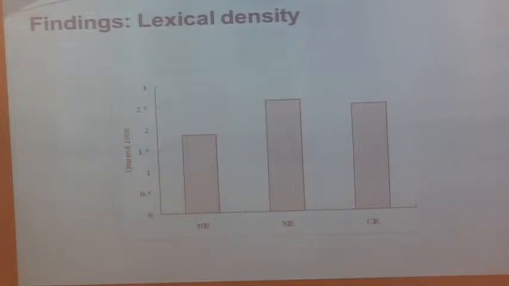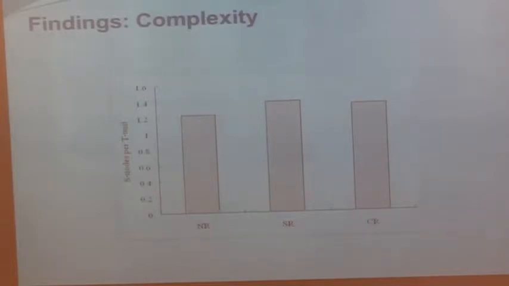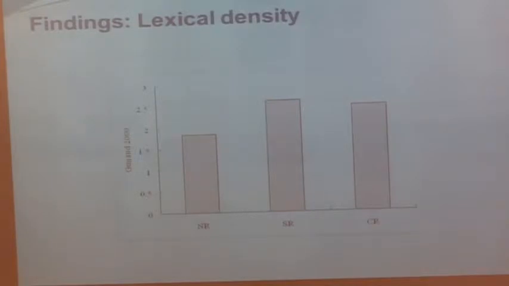Lexical density, same story. The type-token ratio is much lower on the no reasoning demands than it is on the simple and the complex. There's no difference between the simple and the complex. So what conclusion we can draw from here is that complexity operationalized as plus reasoning leads to more complexity, syntactic, and lexical density than no reasoning.